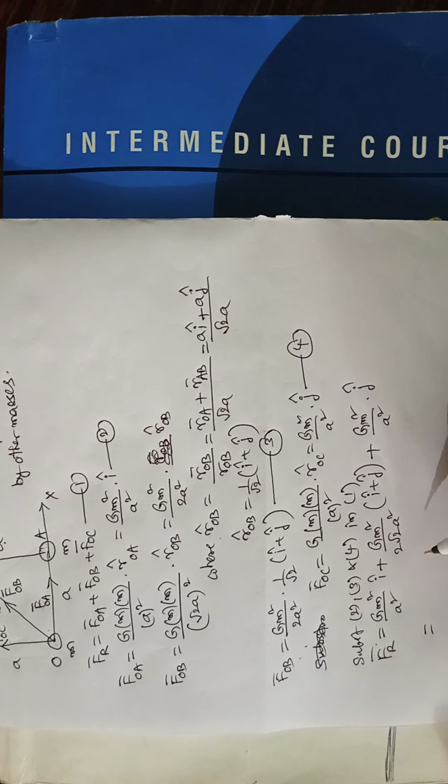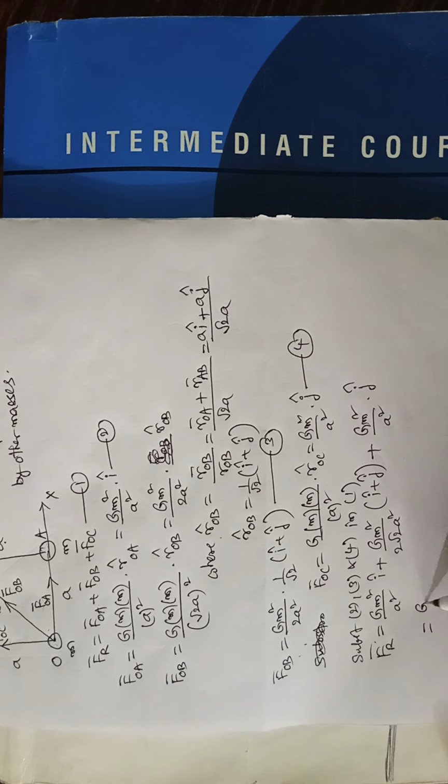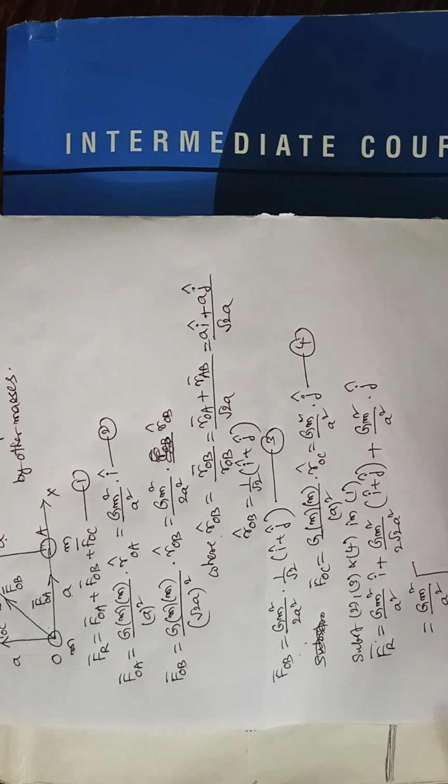Now what can be taken common? GM square by A square can be taken common.